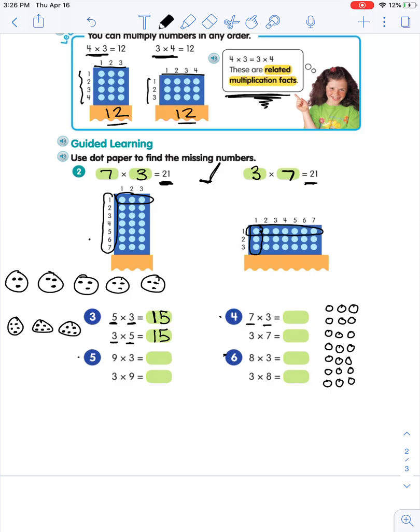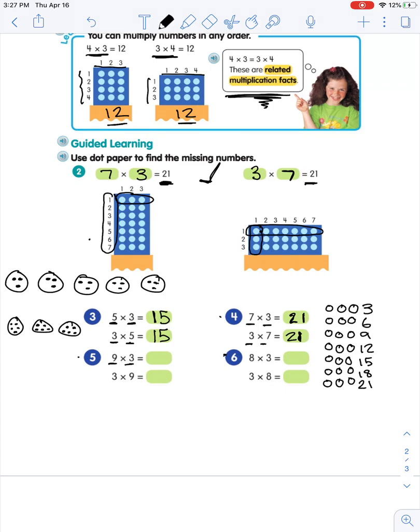And if I counted all these up, let's see what I would get if I skip count by threes. 3, 6, 9, 12, 15, 18, 21. Did you get that too? And look down here. Here's just my related multiplication fact. 3 times 7. That would mean this time I'd have 3 rows with 7 in each row. I'm still going to have that same total, which is 21.